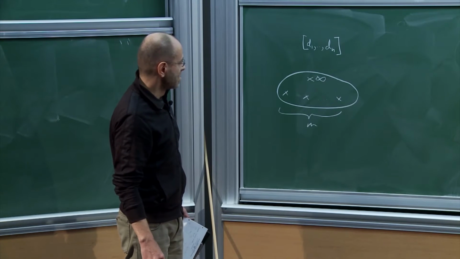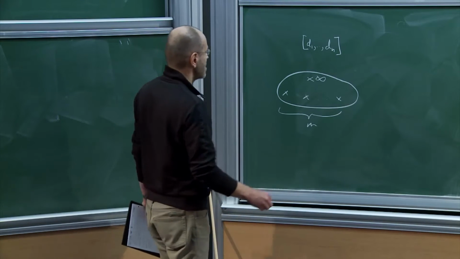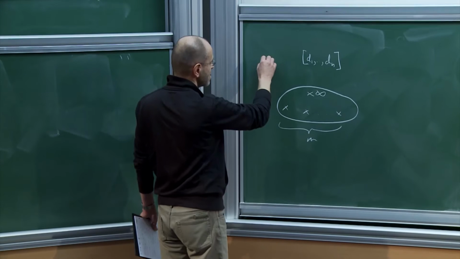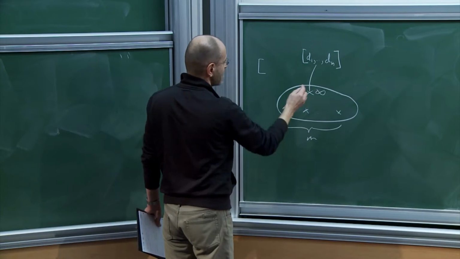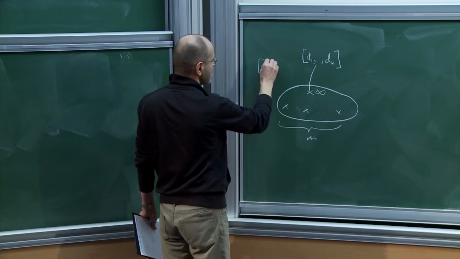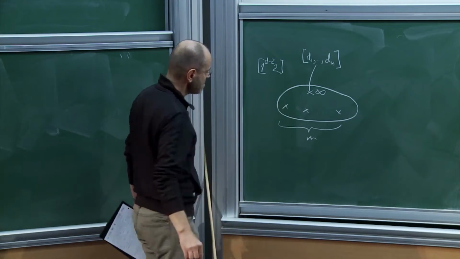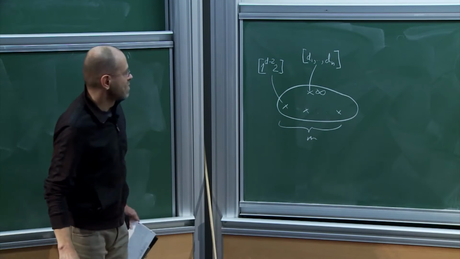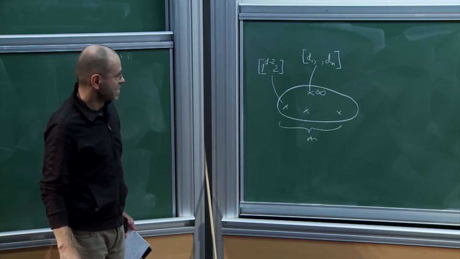And over all other points, the ramification is simple. That means that these are just double points, and the corresponding profiles are 1 to the d minus 2 and 2. So in each preimage, there is 1 point of order 2 and d minus 2 regular points.